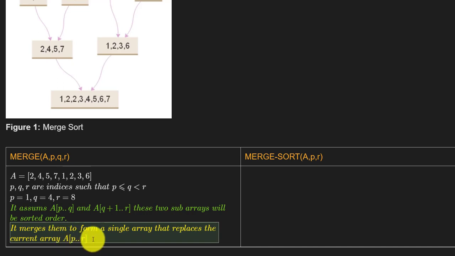Now if you remember from my previous video, when I talked about the intuition behind the merge sort algorithm, we discussed how we are going to sort it. At that time we took these two sub arrays as a left hand and right hand vertical array, and then compared element by element.